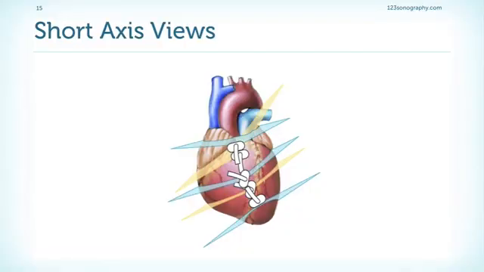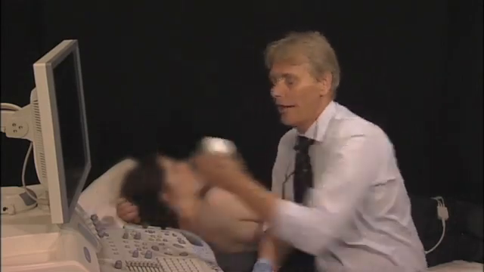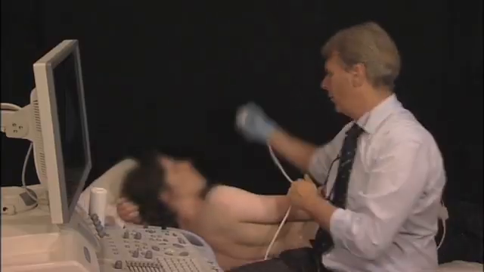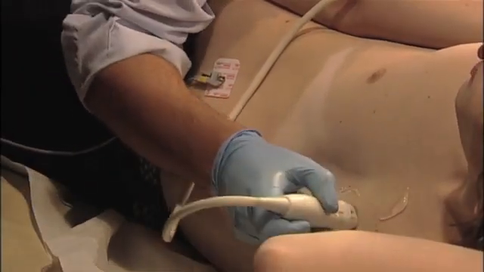From the long axis views, let's now turn to the short axis views. We can perform several different short axis views, but let's first start with the short axis view at the base. The parasternal short axis is in a 90-degree orientation to the long axis. If you remember, in the long axis the marker was pointing towards the right shoulder.